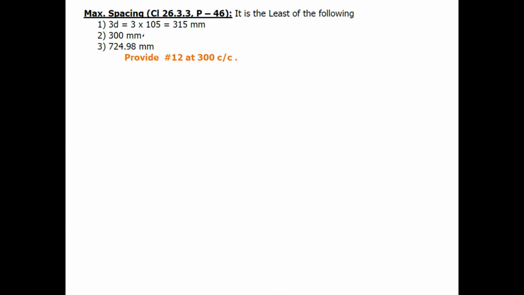So among these three, 300 is the minimum. Okay, take down. Therefore, provide 12 mm dia at 300 mm center to center. Is it clear for everyone? Yes, sir.